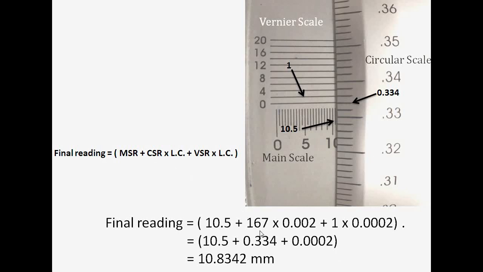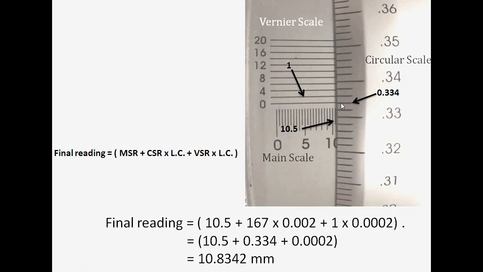Another important thing is that the zero of the vernier scale and this division are quite close. It's not after zero, it's before zero. This division, 0.334, is just close to zero. So the complete dimension which we can measure on the circular scale is 0.334, and that is taken here.